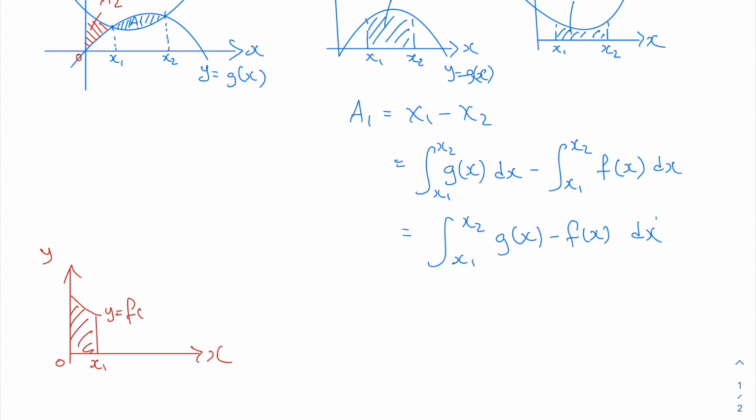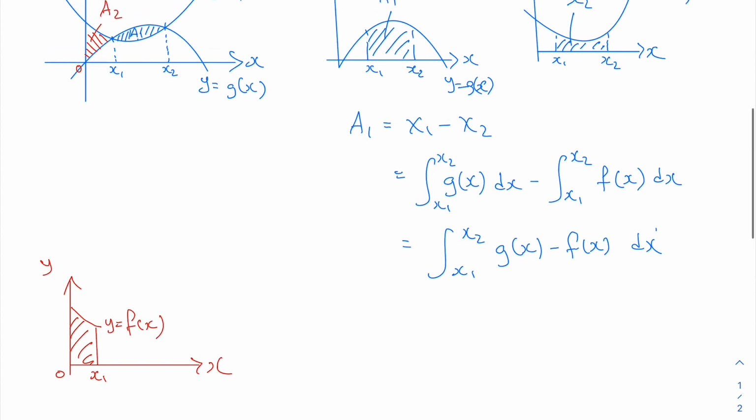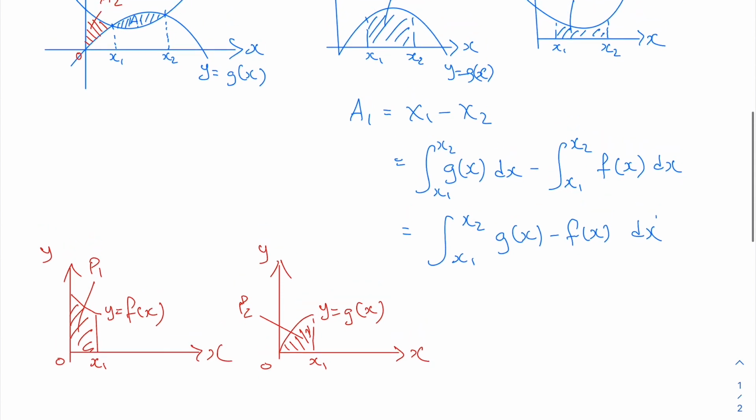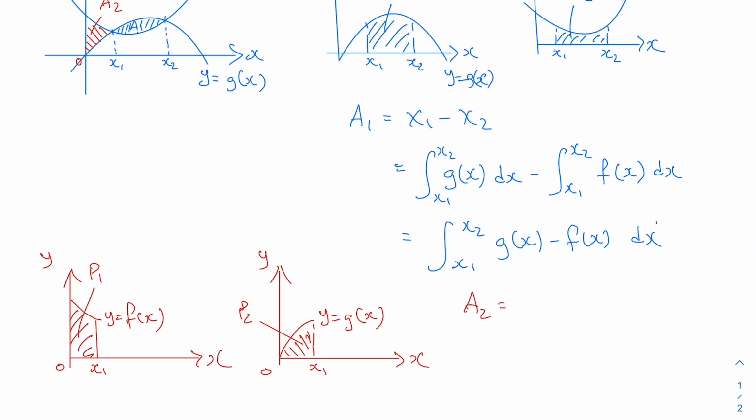This is y equals f(x). And the second area is this area. This is y equals g(x). So if I call this area P1, this area P2, the area A2 is calculated by taking P1 minus P2.